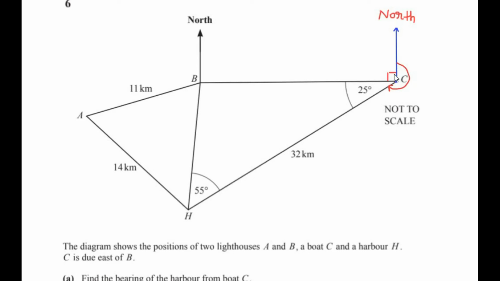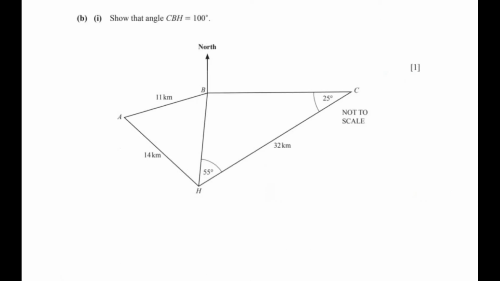So if we subtract this 90 degrees and 25 degrees from 360 degrees, this total angle, then we will be able to find this angle. So we can write here total 360 degrees minus the 90 degrees minus the 25 degrees will be equal to 245 degrees. So this angle, that is the bearing of the harbour from point C, is going to be 245.